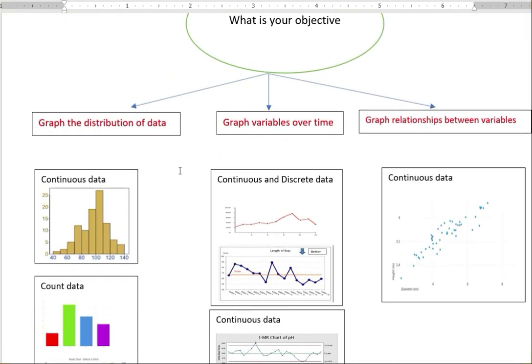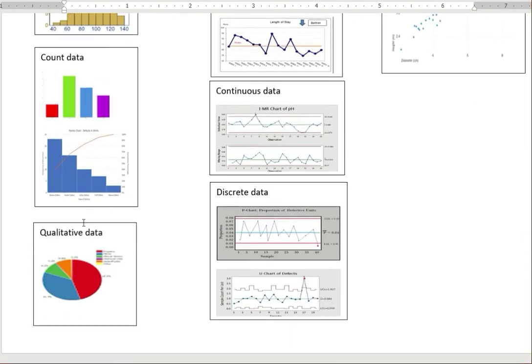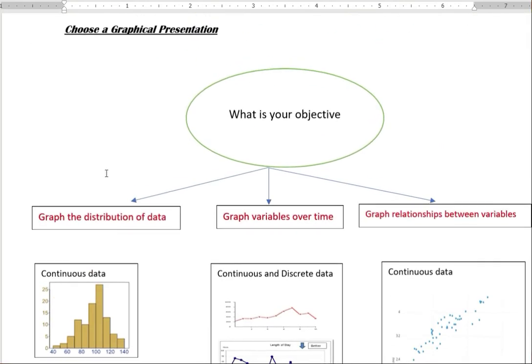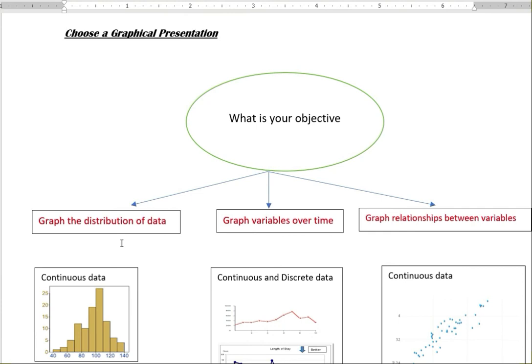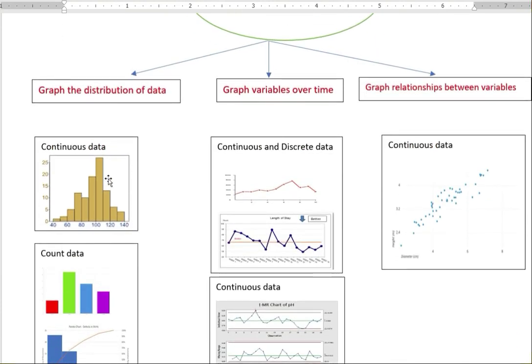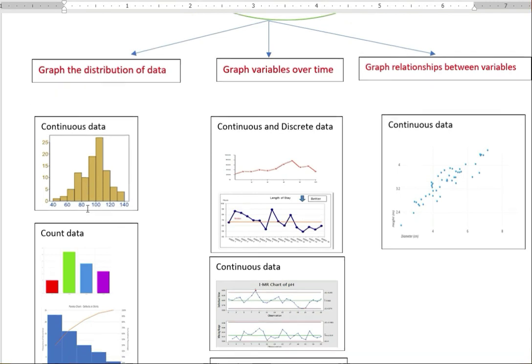And for other data, we can use these many graphs. But it all depends upon your type of data and objective. If you want to show the distribution of data, and if it is continuous data, we can go with the histogram.